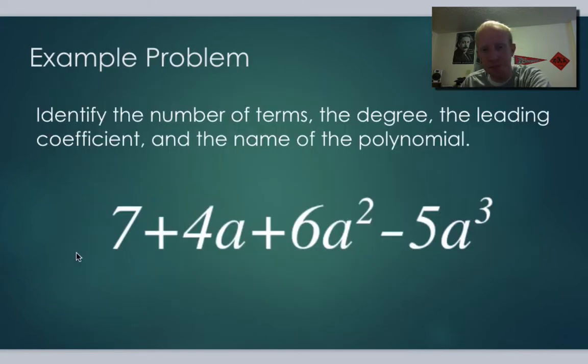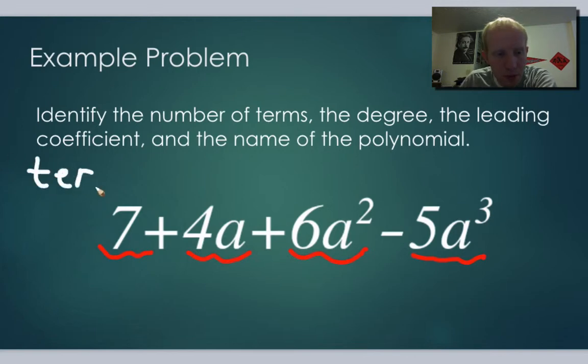Identify the number of terms, the degree, the leading coefficient, and then name the polynomial. So we have this expression: 7 plus 4a plus 6a squared minus 5a cubed. So we got 1, 2, 3, 4 terms. The number of terms is going to be 4.